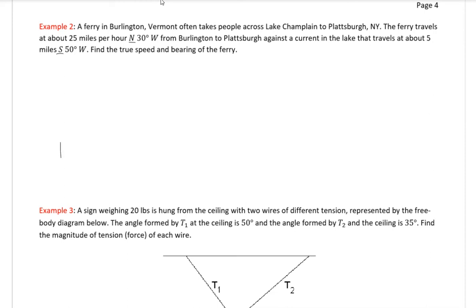So when you think of bearing here, you really want to think about north and south particularly. North 30 degrees west means start north and then go 30 degrees in the direction of west. This right here I'll put in blue. That is my ferry. So this I'll say is F.